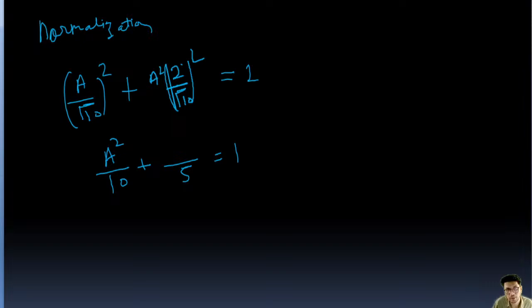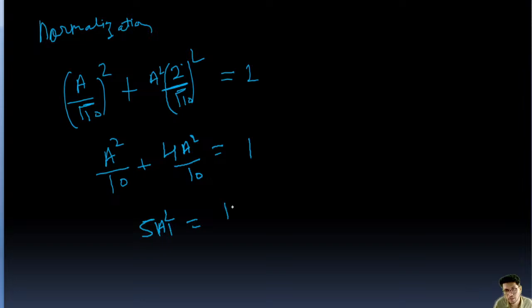So this is 4a square upon 10 equal to 1. So from here this is going to be 5a square equal to mod a square equal to 10.